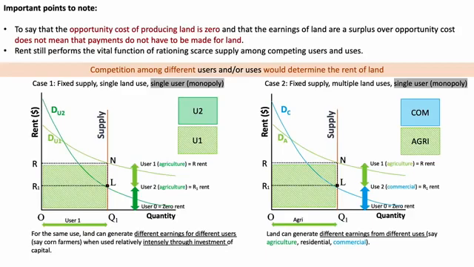There are some important points to note at this stage. So, first we have already said that the opportunity cost of producing land is zero and that the earnings of land are a surplus over opportunity cost. This does not mean that the payments do not have to be made.